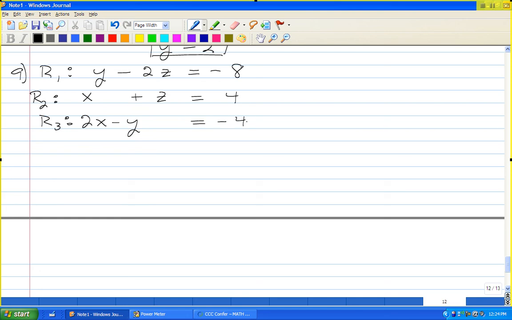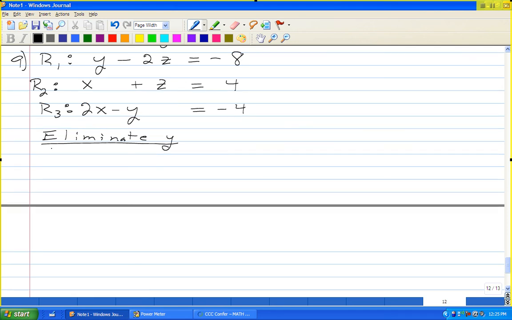Okay, so let's eliminate one of the variables. Maybe I will eliminate y. And so then I'll use the fact that there's no y here. So I have R1, y minus 2z equals negative 8.